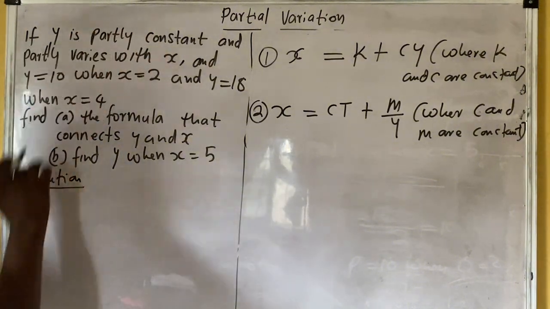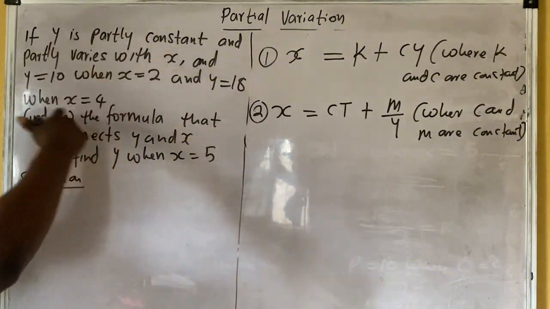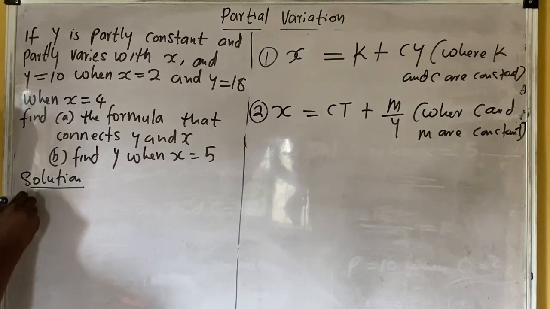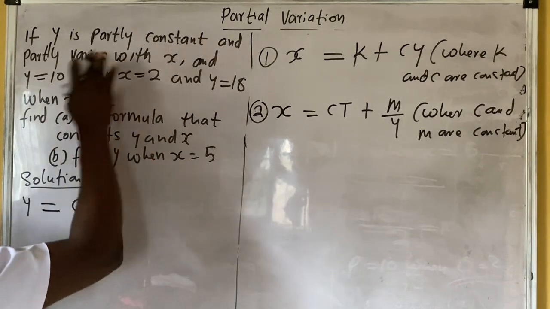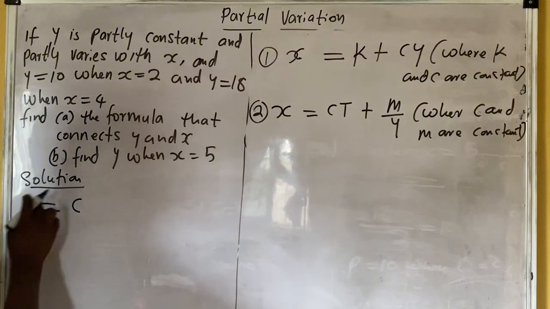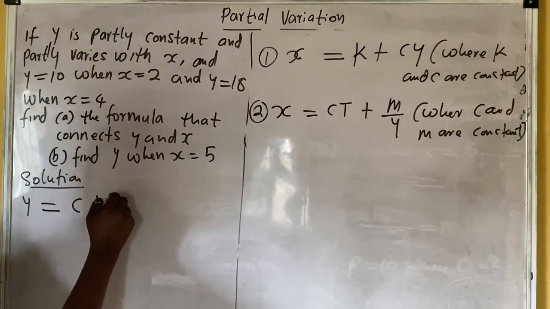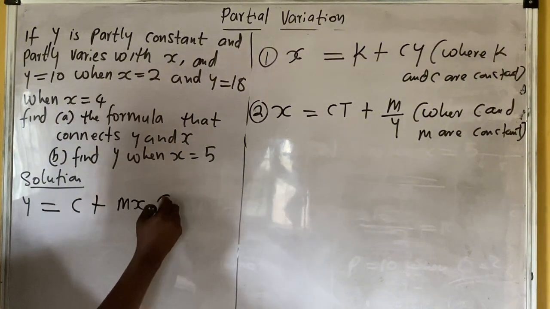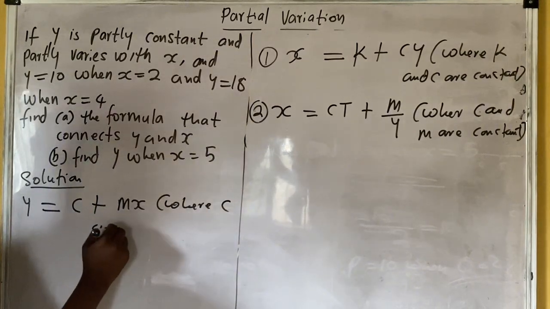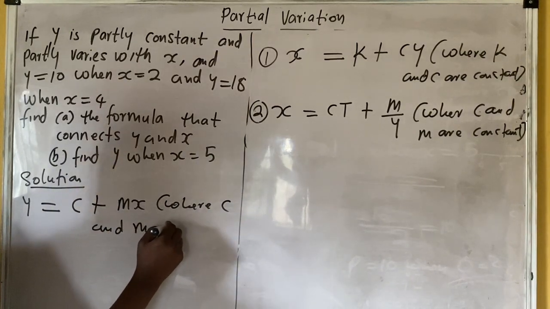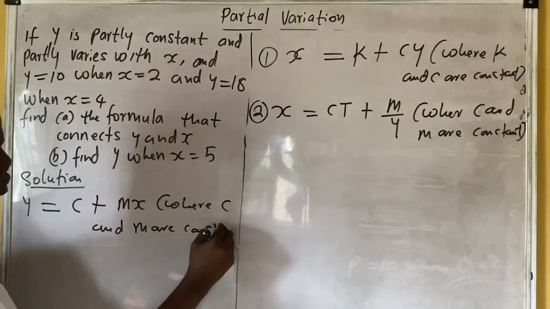Now, the first part of the question says that y is partly constant. So that means that our y is equals to c and partly varies with x. So our y is equals to c plus mx, where c and m are constants.